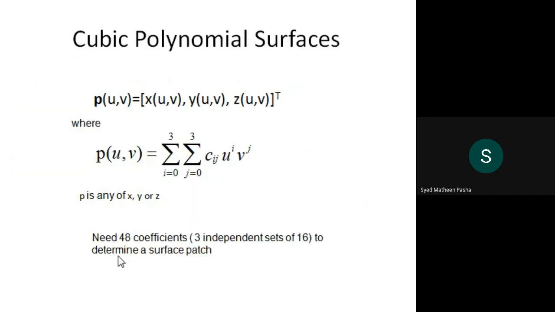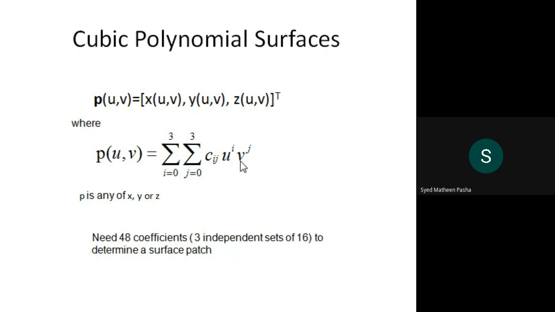Then we have surfaces as well related to polynomials, how the cubic polynomial surfaces are being drawn. Cubic polynomial surfaces are drawn with the help of these functions, that is x of uv, y of uv, and z of uv. You are just taking the transpose of these particular functions. How do you define p of uv? It is just the summation of i equals 0 to 3 and j equals 0 to 3. With respect to the curved surfaces, you are defining both the terms u as well as v.